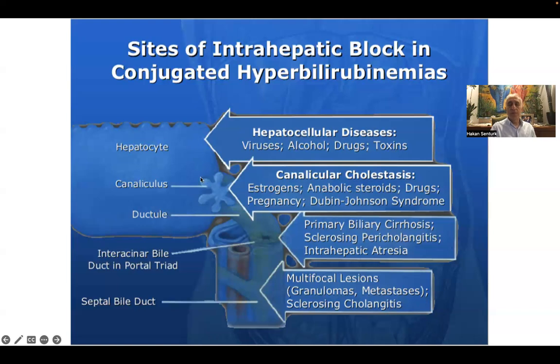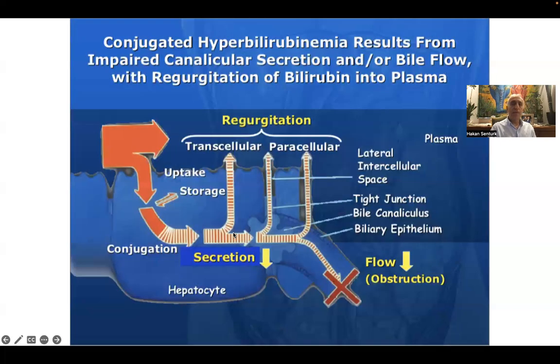But if there is liver damage, unconjugated bilirubin can be converted to conjugated bilirubin. This mechanism is not impaired in general, but the excretion into the bile duct is impaired. So the conjugated bilirubin is refluxing into the circulation, and both unconjugated and conjugated bilirubin are elevated.